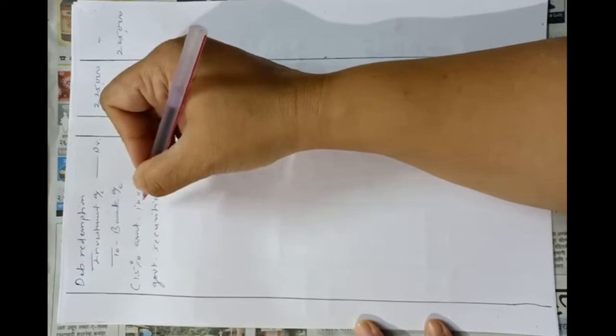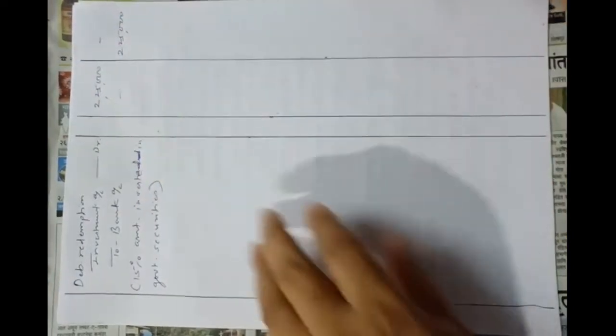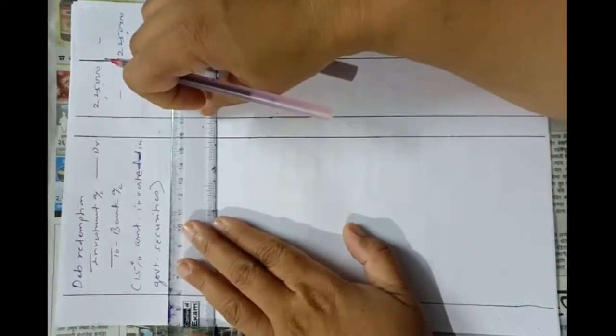Fifteen percent of nominal value of redeemable debentures is invested into government securities. This will be the narration.